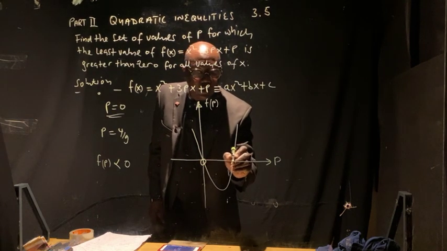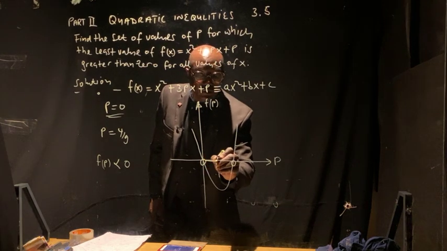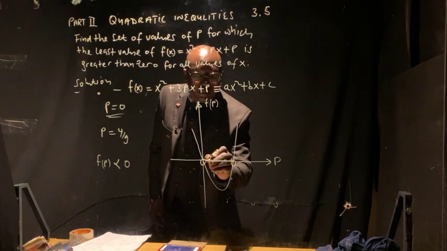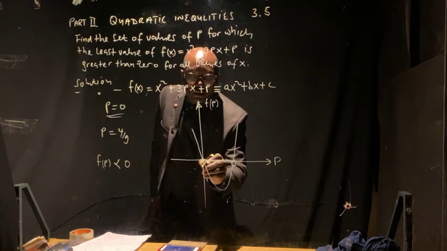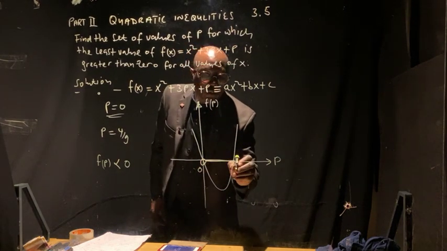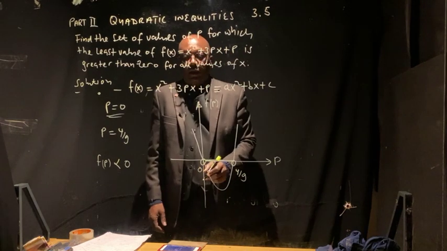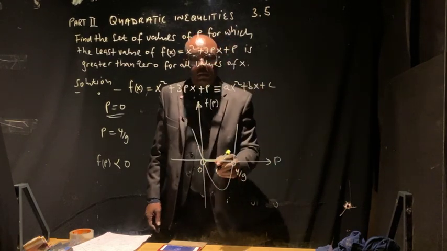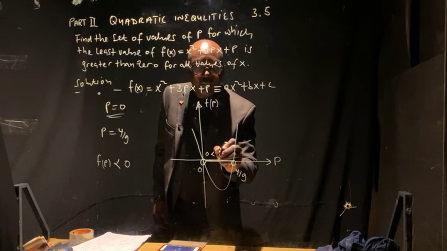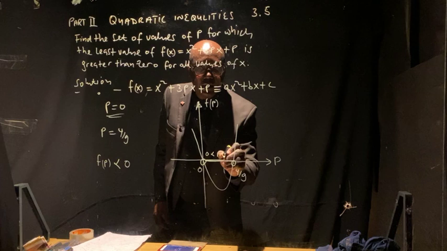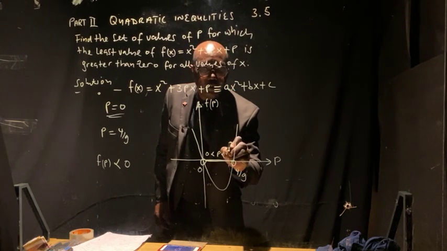So here and here, the x values within this region. So when here is equal 0, and when here equal 4/9, then the inequality will be 0 is less than p is less than 4/9.